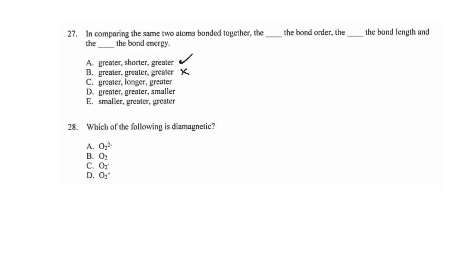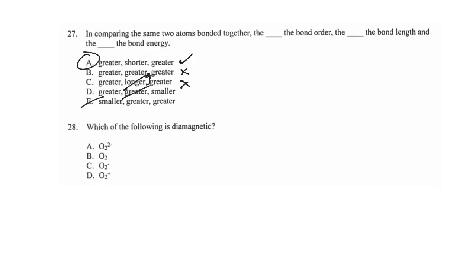Greater bond order means more bonding electrons and shorter bonds. Greater, greater, smaller does not make sense. Smaller, greater, greater does not make sense. The smaller the bond order, the longer the bond. So E is not true, and A is the correct answer.